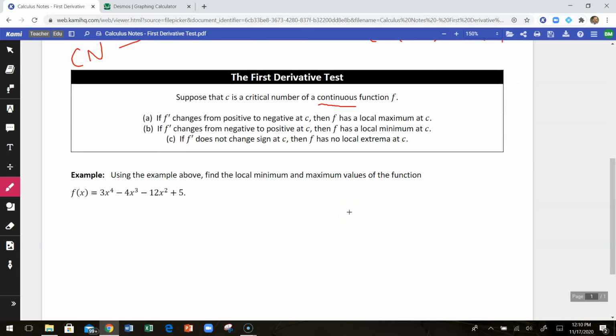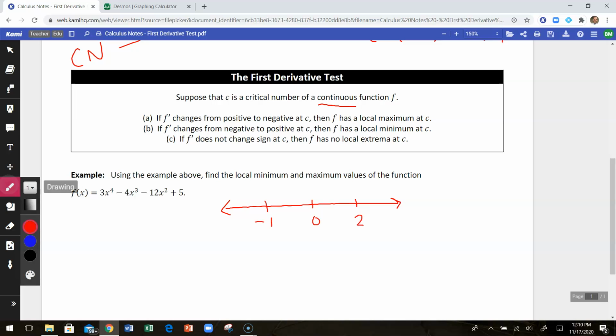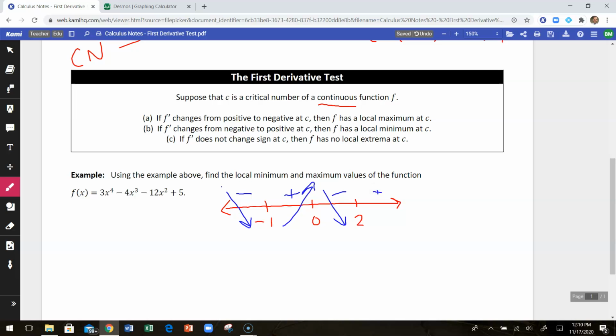So this is the same function as above. I'm going to copy down that chart that we had. So we had -1, 0, and 2, and we had that here it was negative, so our graph was decreasing. Here it was positive, so our graph was increasing. Negative here and positive here. So it looked like that.